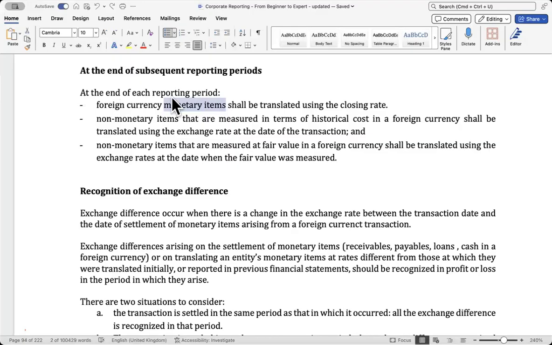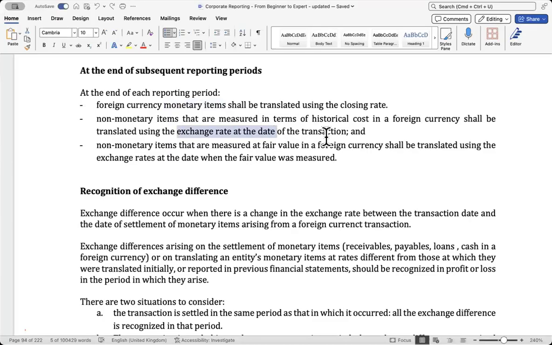And I've given you an example of monetary items: trade receivables, payables, or any asset or liabilities that you are going to receive or pay in a fixed or determinable unit of currency. But non-monetary items like PPE, intangible assets, inventories, provisions that are measured at historical costs, you are going to measure them using the rates at the date of the transaction.